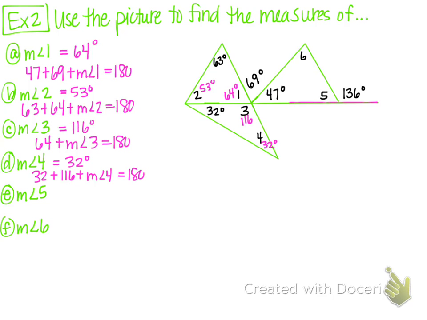So what we need to do is we know that 136 plus the measure of angle 5 is going to give me 180 degrees. So if you subtract 136 from both sides, you get that the measure of angle 5 is 44 degrees.